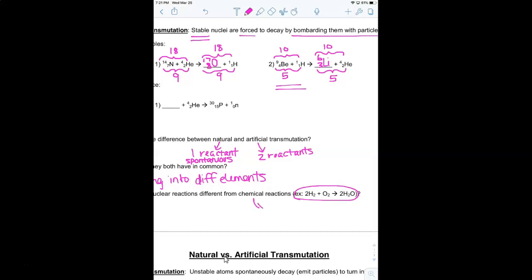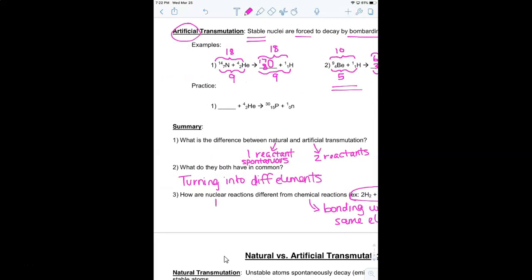So chemical reactions have to do with bonding with the same elements. So you're always going to have the same letters on both sides of the arrow. They're just going to be put together different. With nuclear reaction, there's always going to be different elements on each side of your arrow.